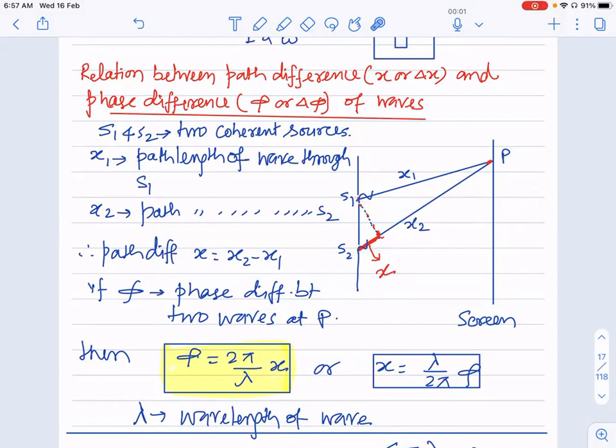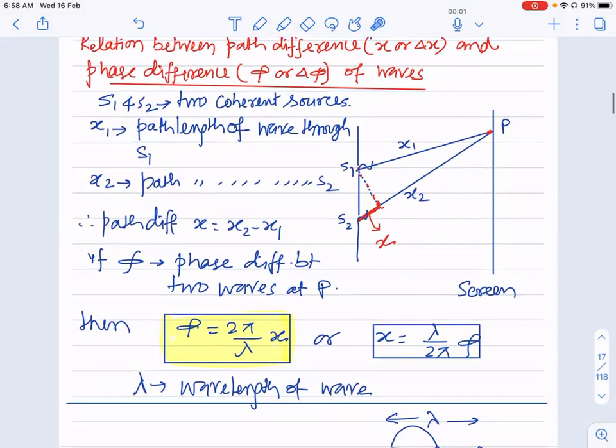And how it is related with the wavelength, and with the phase difference. Phase difference के साथ कैसे related होता है?